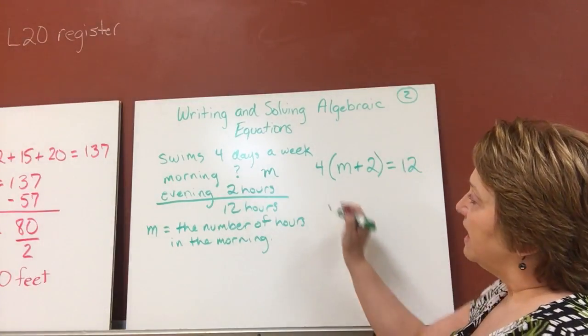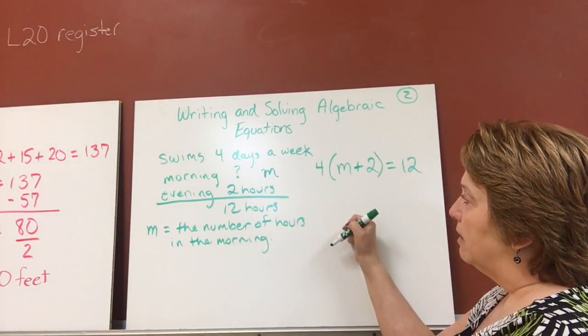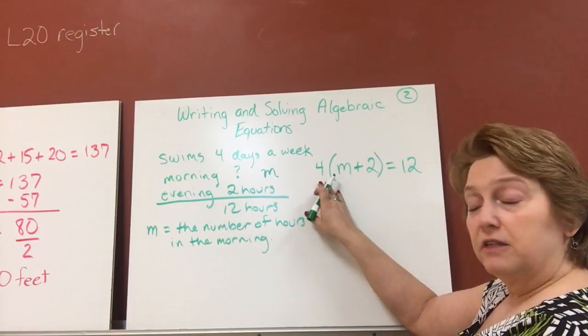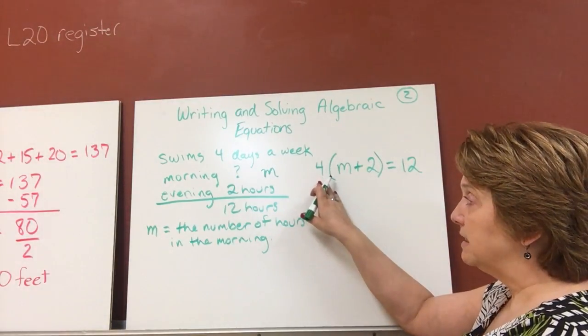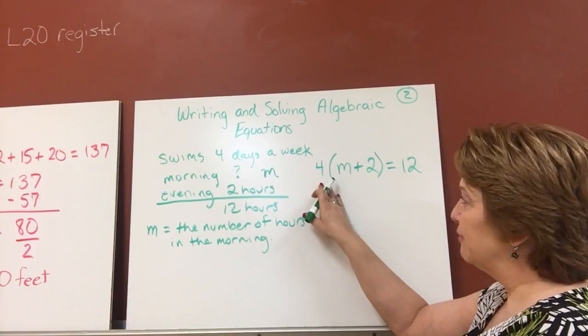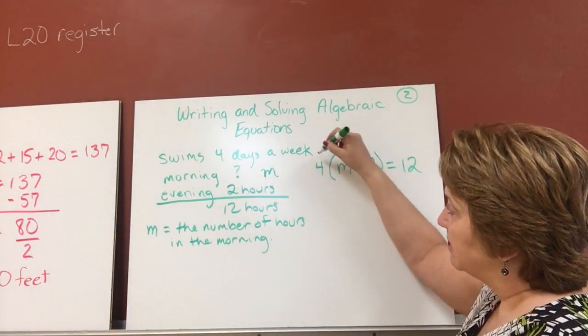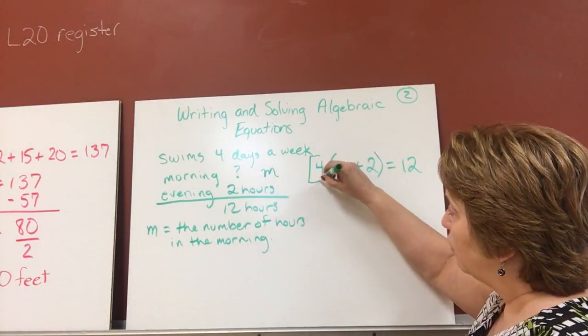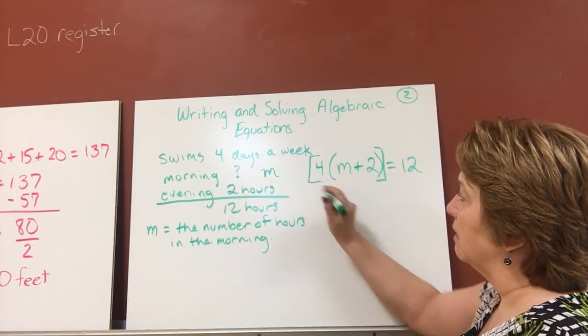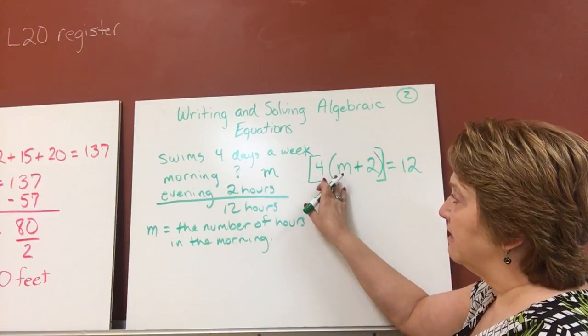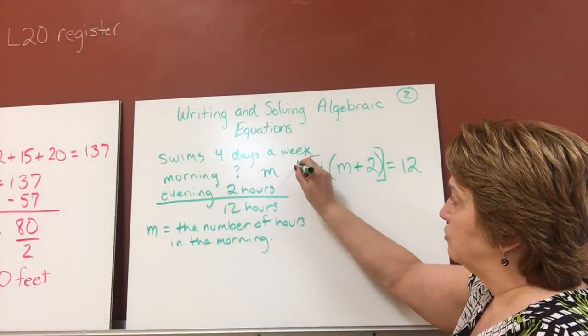So if I have this 4 here, and I want to get rid of this 4 by doing something to it to get rid of it, what I'm going to do is I'm going to take this whole expression here, and I need to find a 1 to represent this.